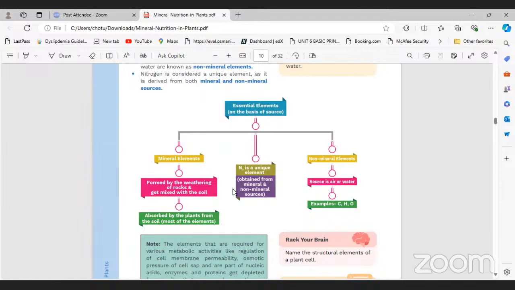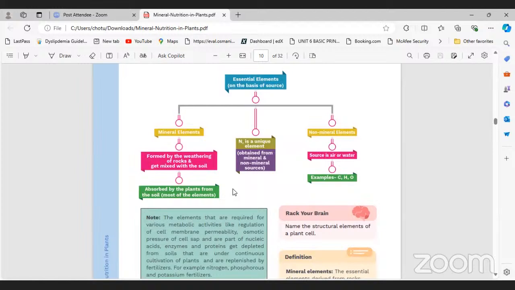Mineral elements, non-mineral elements. Mineral elements are formed by weathering of rocks and get mixed with the soil. They are absorbed by the plants from the soil, almost most of the elements.